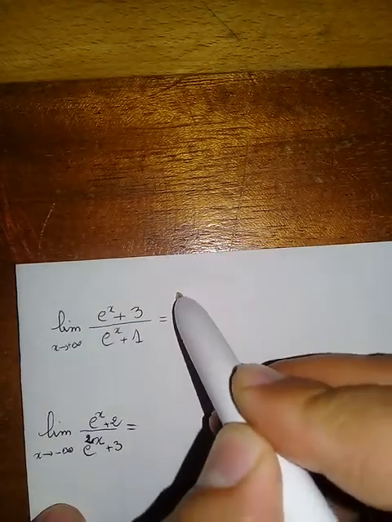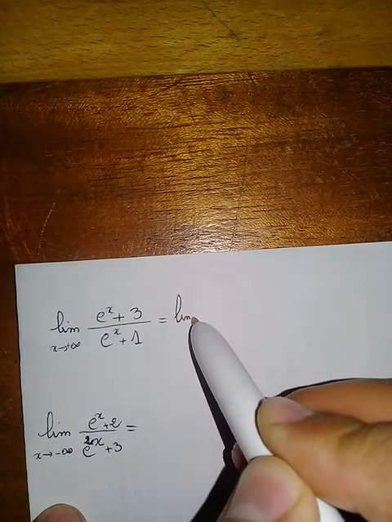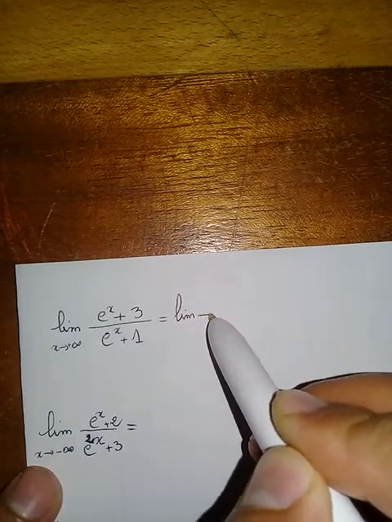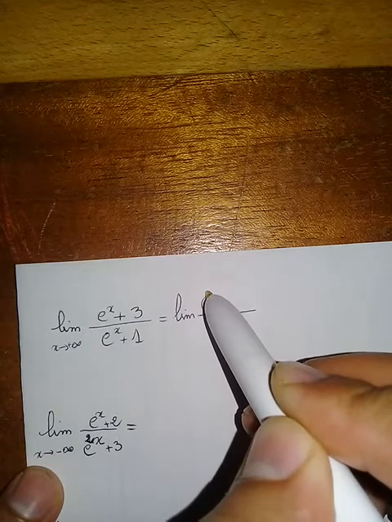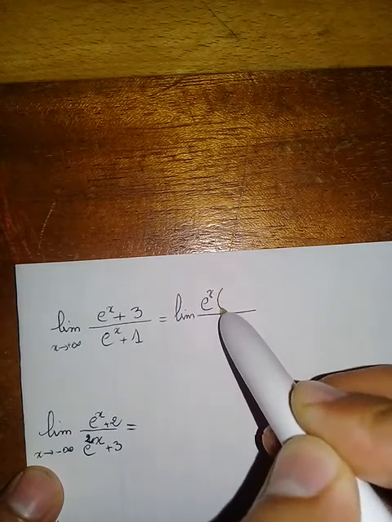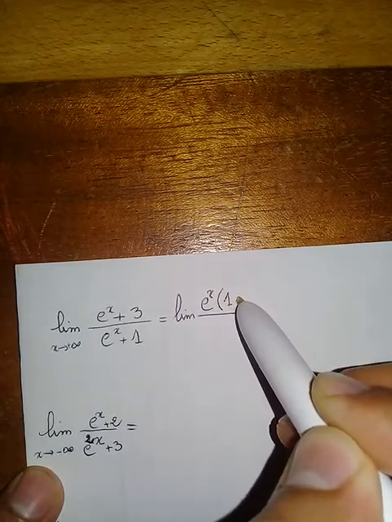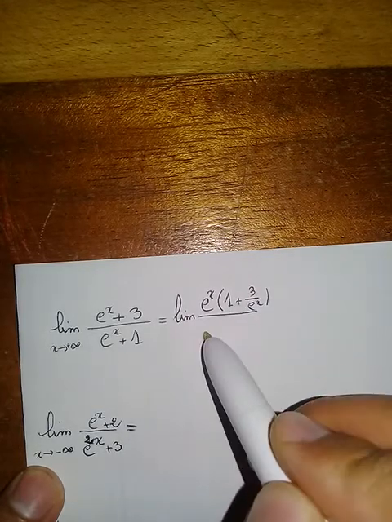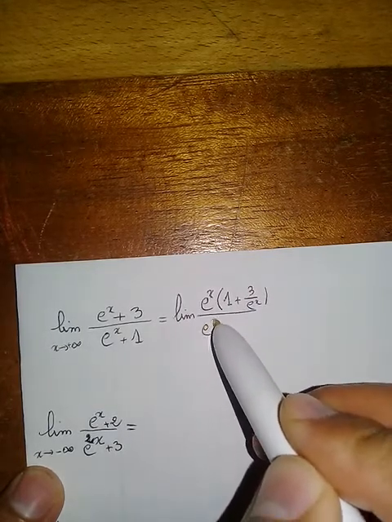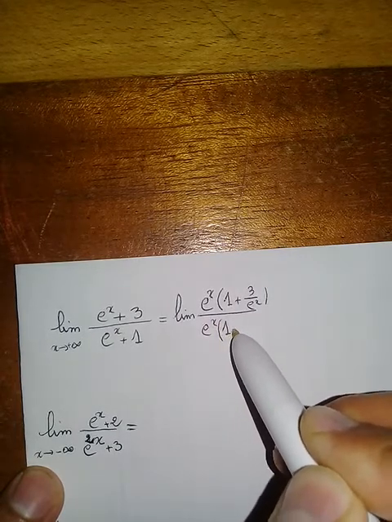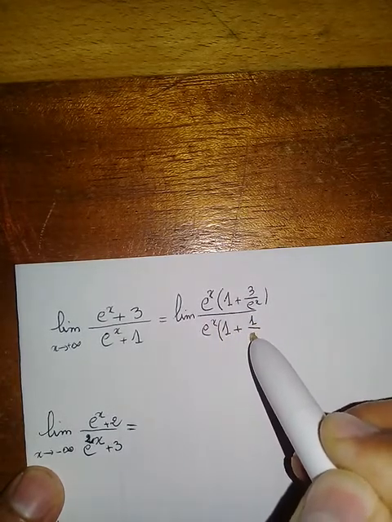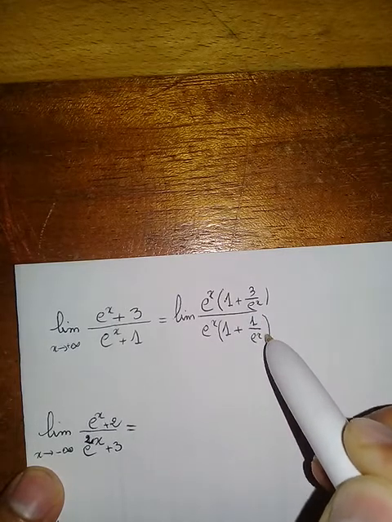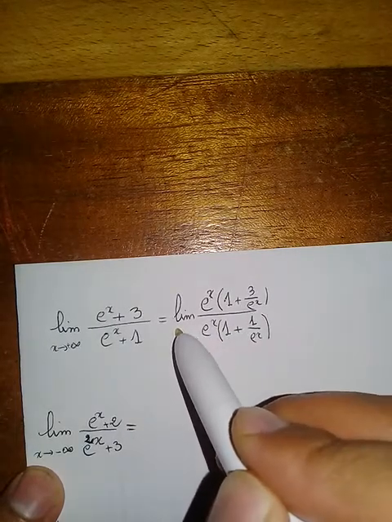So it's the limit of e to the x times 1 plus 3 over e to the x, over e to the x times 1 plus 1 over e to the x, limit at positive infinity.